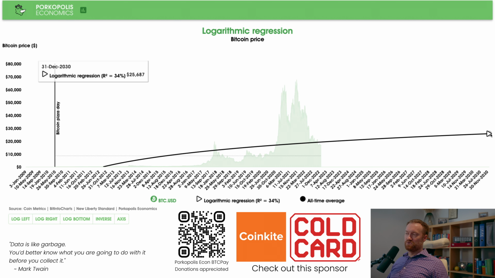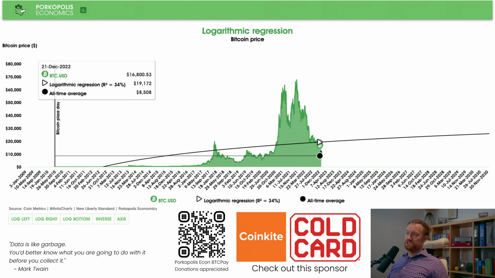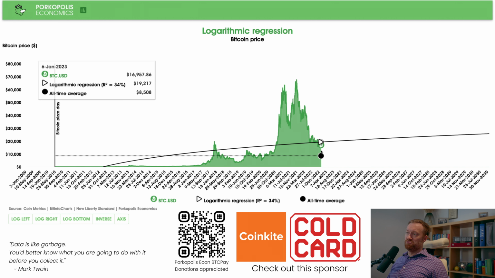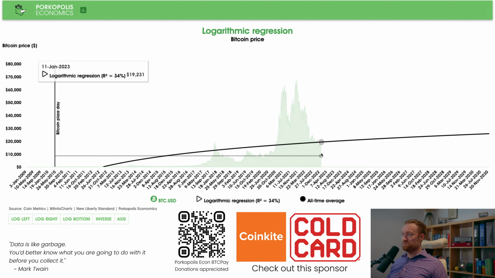a $25,687 Bitcoin price. So higher than it is now. Not much higher. And not much higher than the prediction from today. So the prediction from today, you see, is $19,217. That is where the trend line predicts it will be.